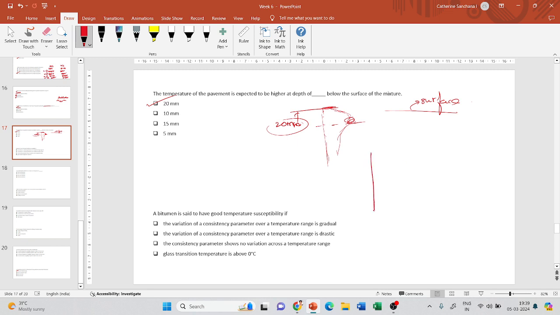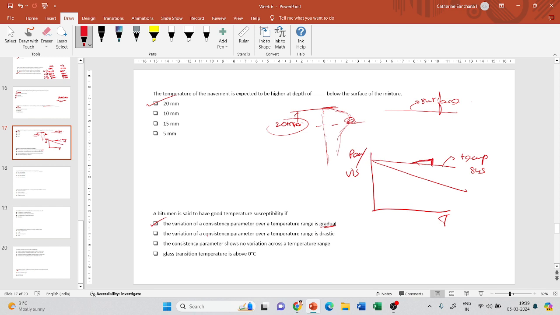We made a plot of consistency versus temperature, and we said that a bitumen with gradual changes in the consistency measured with temperature is said to have good temperature susceptibility. So the variation of consistency parameter over a temperature range is gradual.